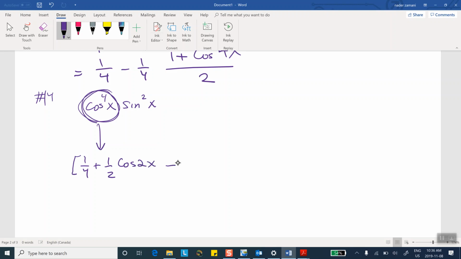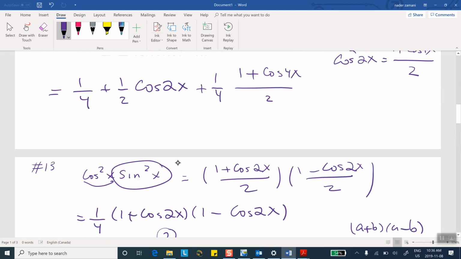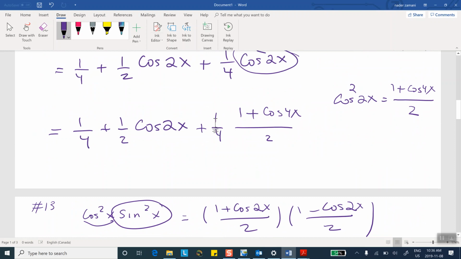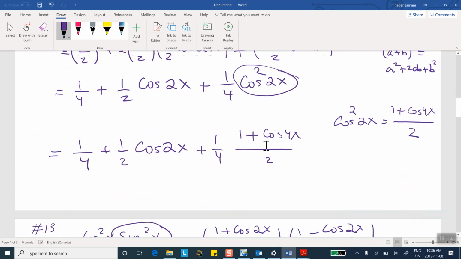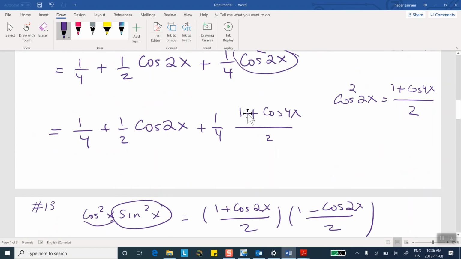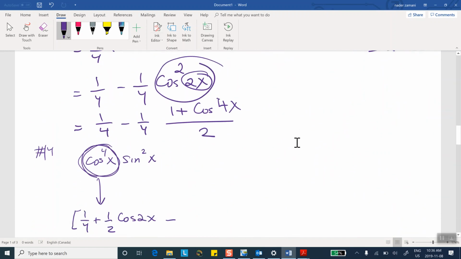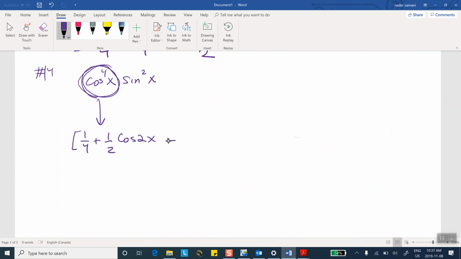And I believe the other one is 1/8. Was that 1 over 8? Yeah. 1 over 8 times 1 plus cosine of 4x. So plus 1/8 times 1 plus cosine of 4x.